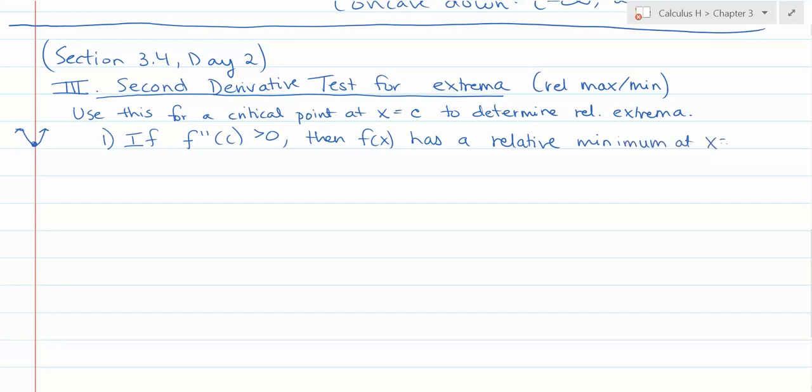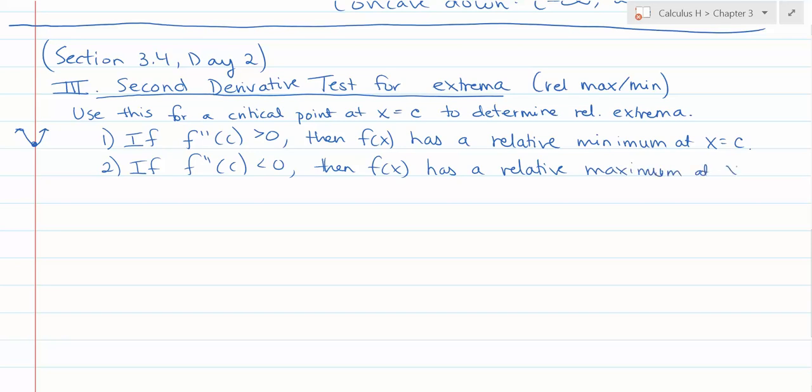We can also say if f double prime of c is less than 0, then f of x has a relative maximum at x equals c, which should make sense because the graph would be concave down.